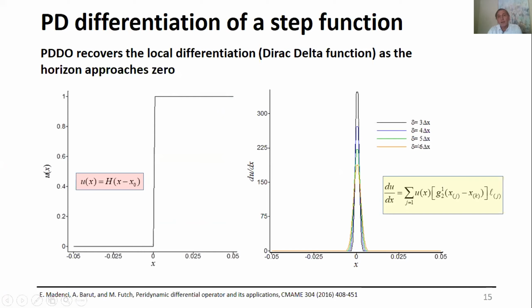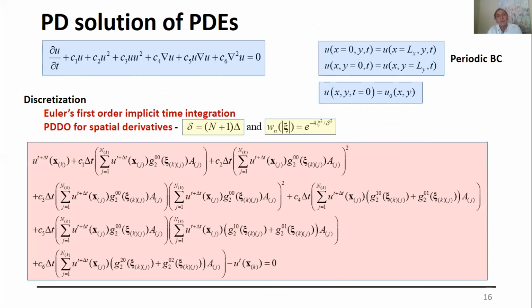As the horizon size goes to 0, basically I go from 6 delta x to 3 delta x. You can see here that I am recovering the behavior of a direct delta function. And this is the same as what Silling and Lehoucq proved, that as the horizon size approaches 0, basically we recover the classical continuum mechanics equations.